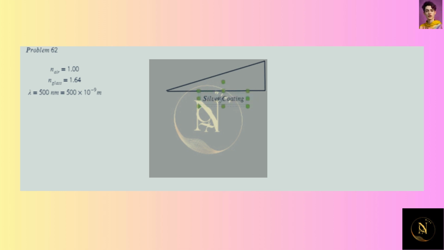And what that's going to do is cause a reflection. Once the light hits this glass silver interface, it's going to reflect away. We're also given the height of the wedge as 1 times 10 to the negative 5 meters.